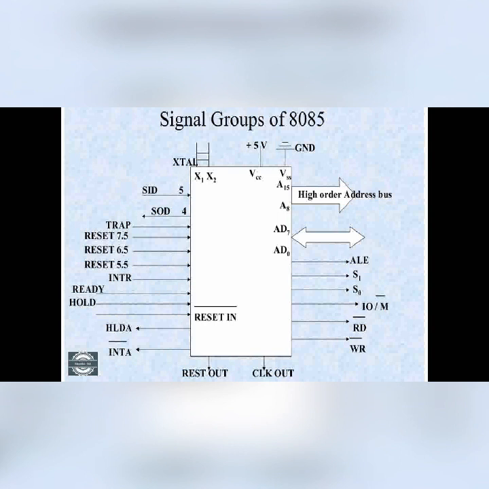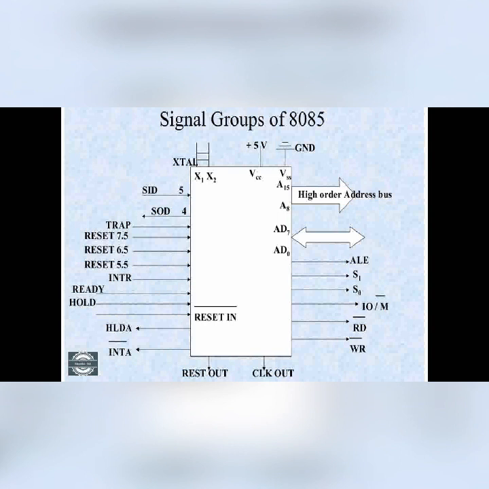Now here the power supply is also shown in the signal groups. Here the higher order address bus and the lower order address bus will be separated. Please follow the screen. Here I already showed you all the details.